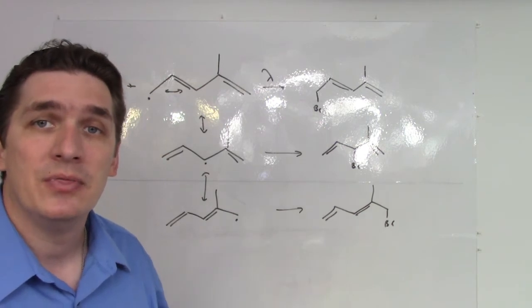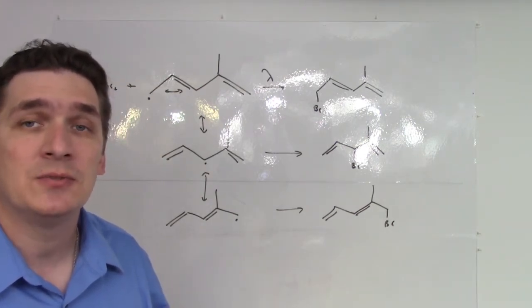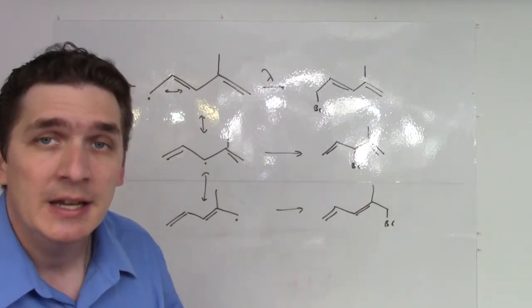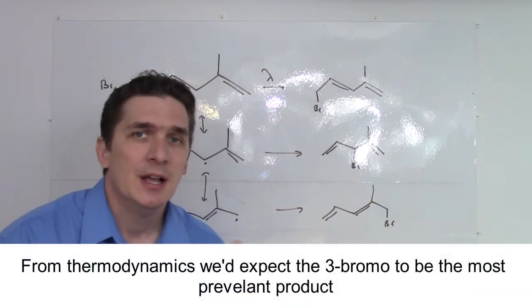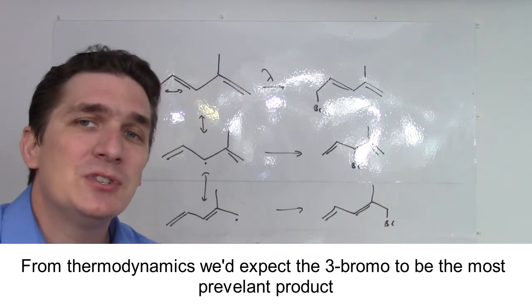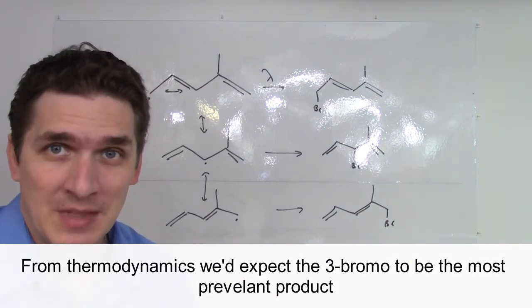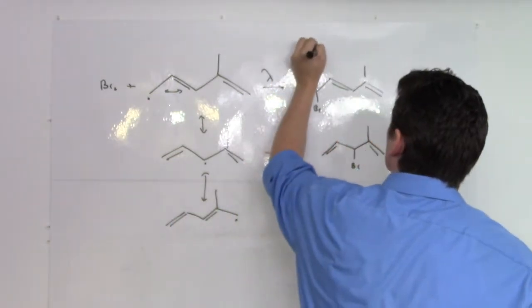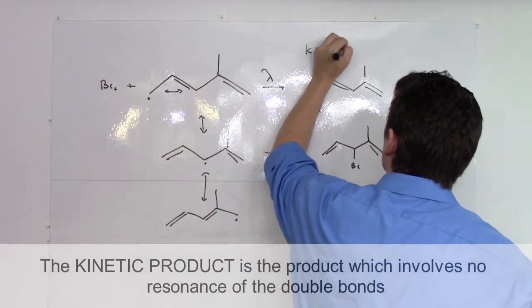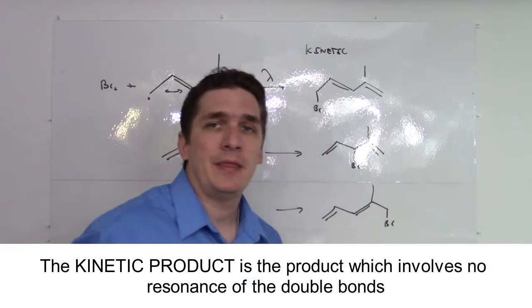Now, that is what you'd expect from thermodynamics. Here's how we're going to make this super complicated, and this is what drives me up the wall about chemists. There's the kinetic versus the thermodynamic product. The kinetic product is the first one here. And that I'll agree with.